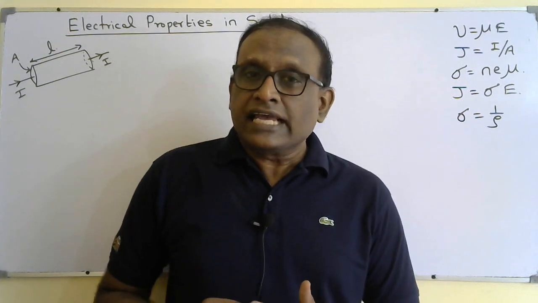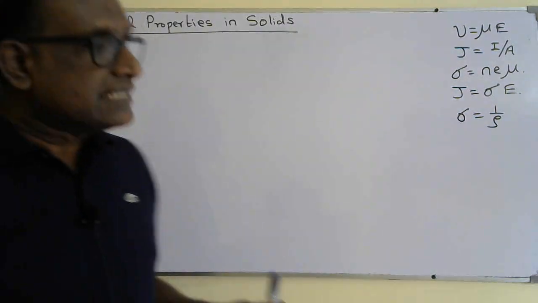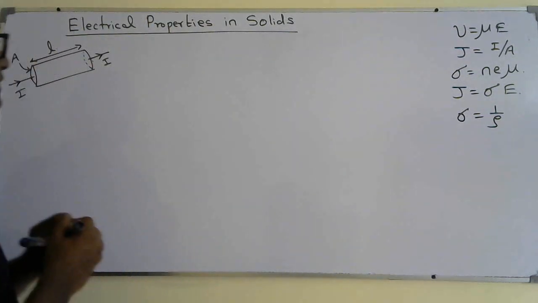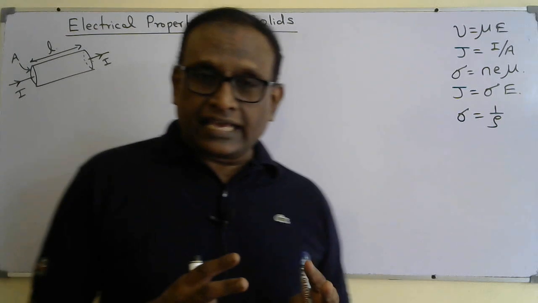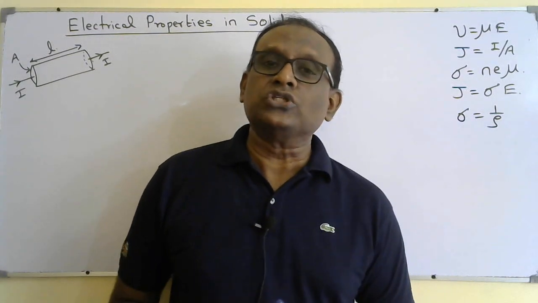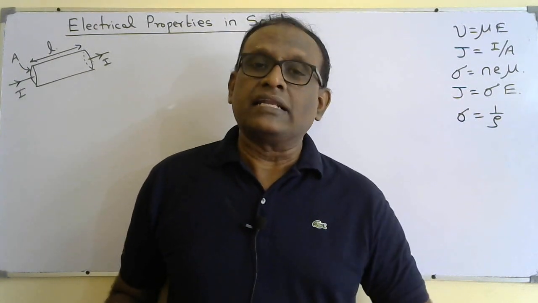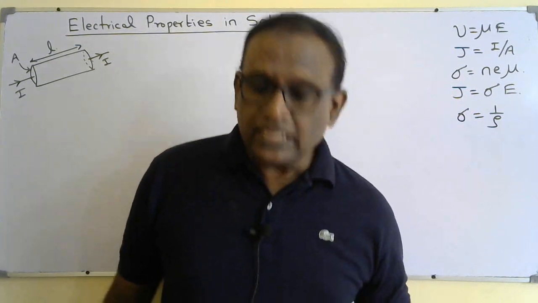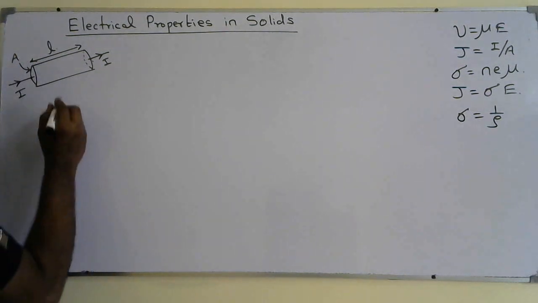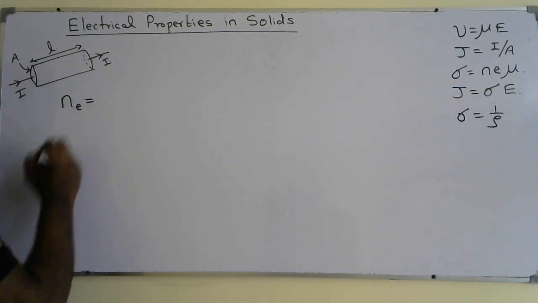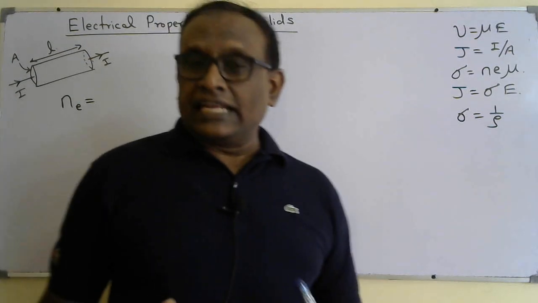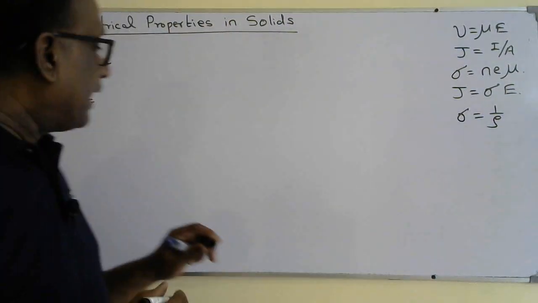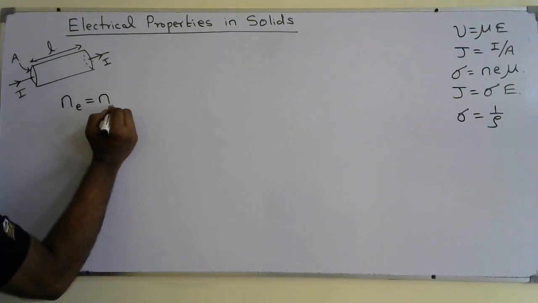Therefore, the charge carrier density of an intrinsic semiconductor is due to both electrons as well as holes. The concentration of electrons per unit volume is the same as the number of holes per unit volume.